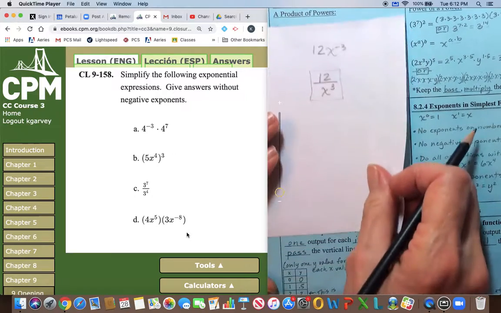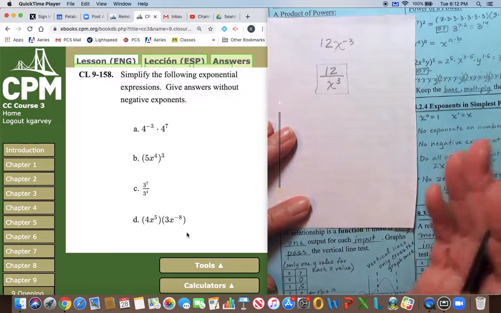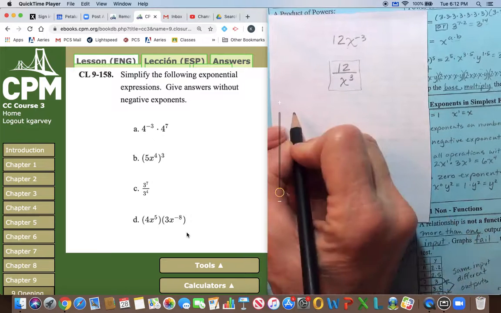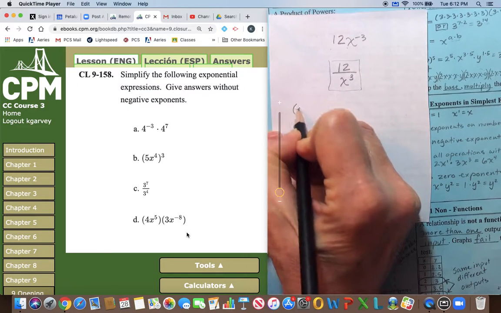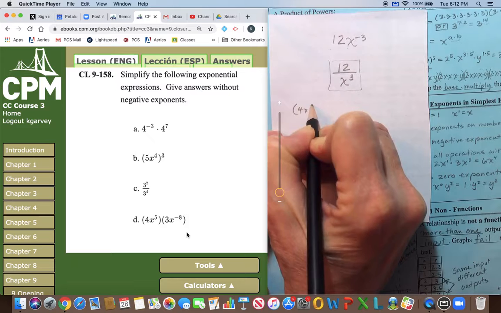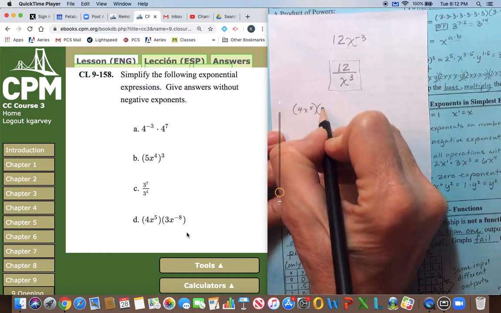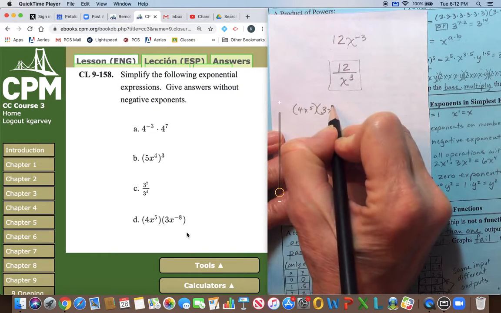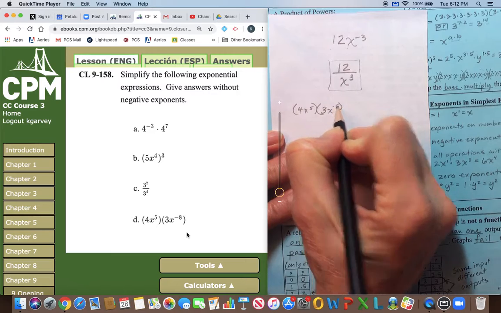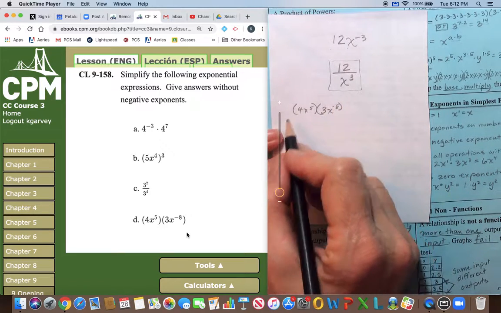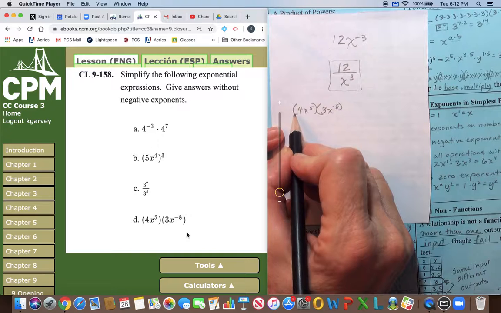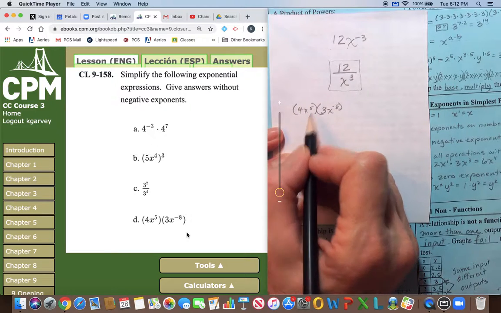So that's using our shortcuts, but of course we can always factor it out. So I'll show you how we would work this problem if we factored it out. So first I'm rewriting the problem here, 4x to the 5th times 3x to the -8. Okay, so if we factored it out, first let's factor out the 4x to the 5th power.